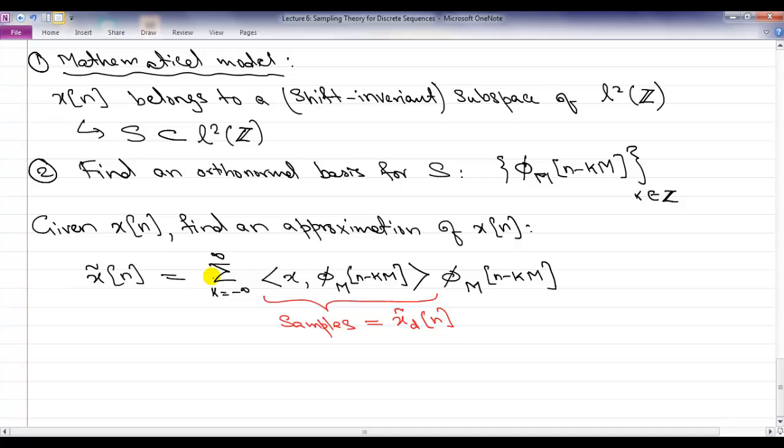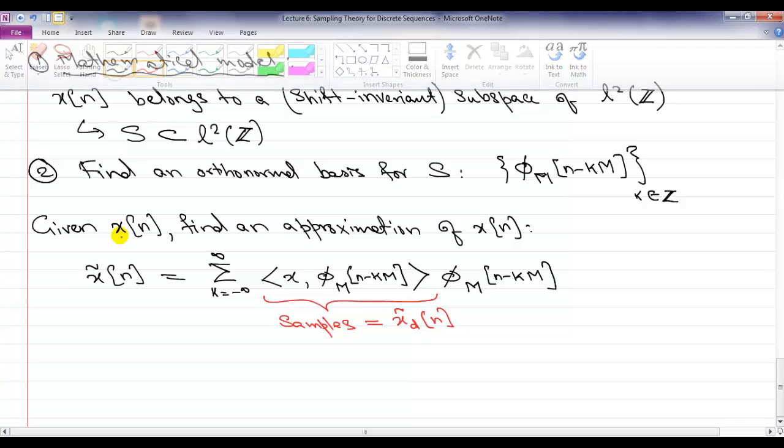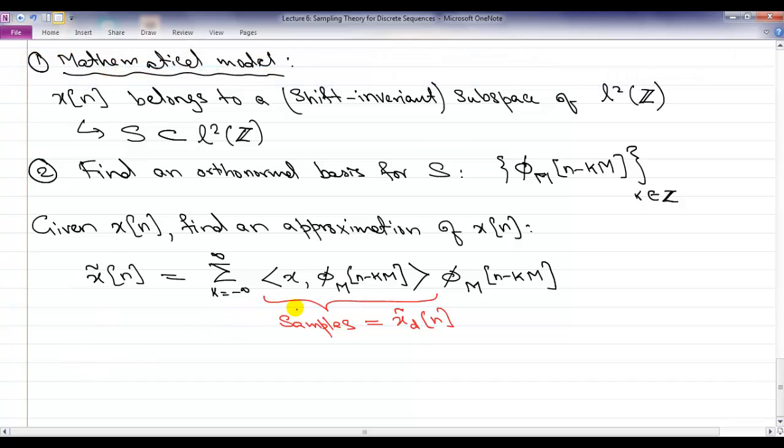So if you want to think about the exact sampling operation that you can carry out, it will look like this: you want to compute all these inner products, which means that in goes x[n], and you have a filter which is simply phi m of minus n, the time reversed version of it.